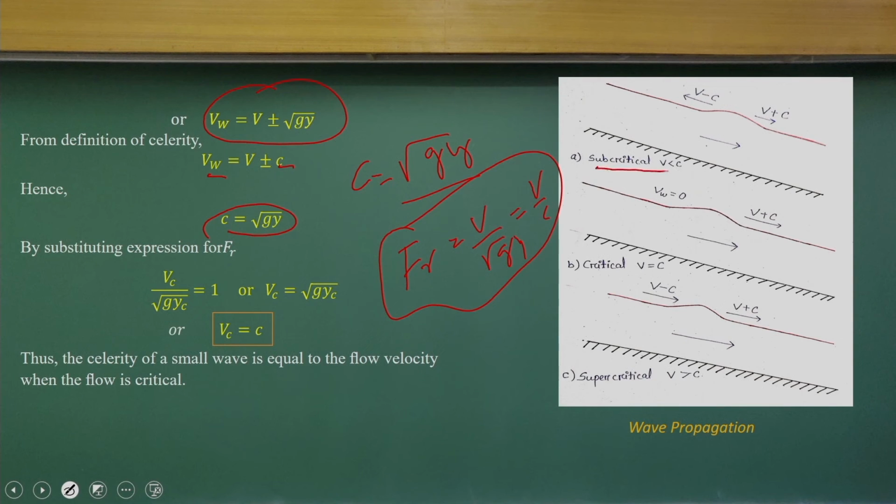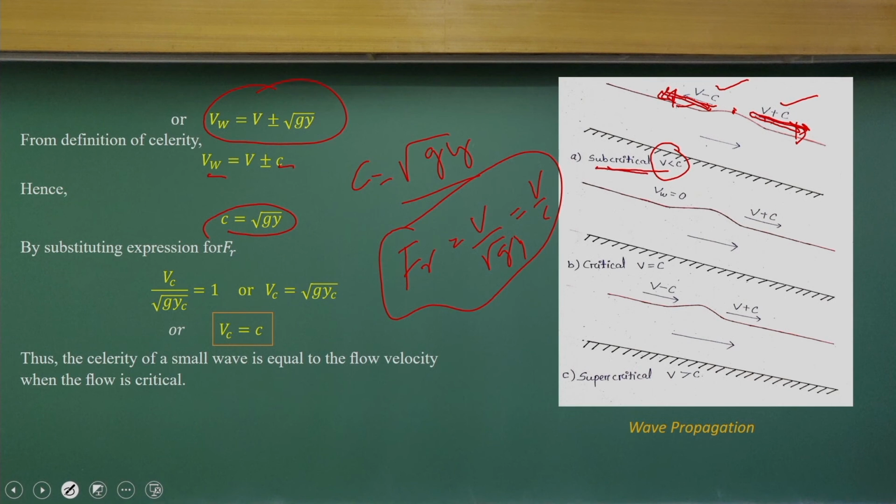When you have a subcritical flow, V is less than C, you will have both components, positive as well as the negative component, V minus C. That means if you create any disturbance, it will propagate both upstream as well as downstream. In the case of subcritical flow, as V is less than C, you will have a negative component and a positive component, so you have upstream and also downstream directions.